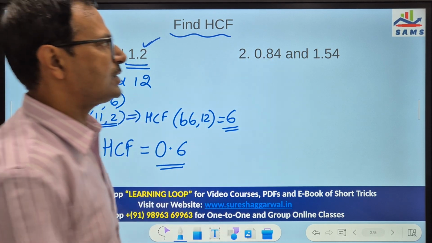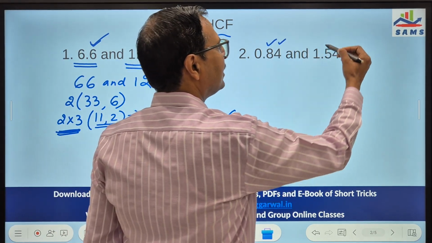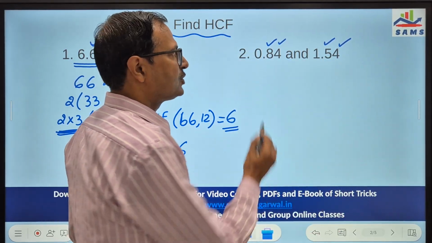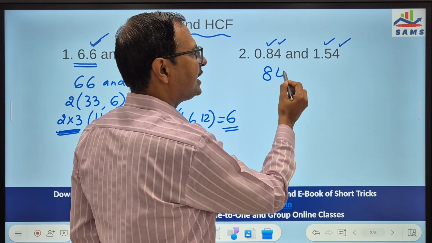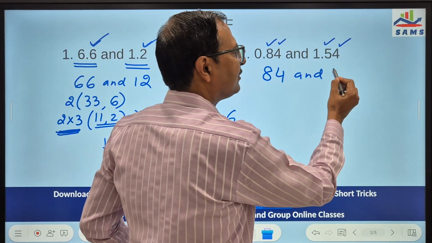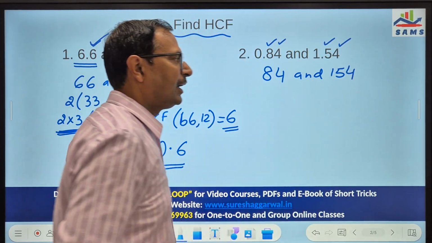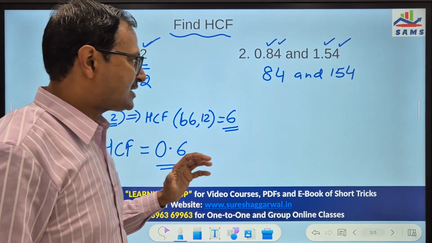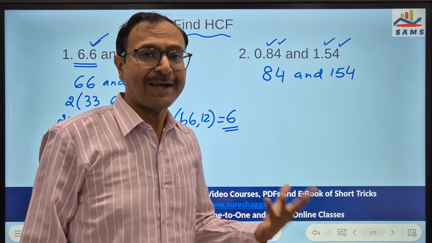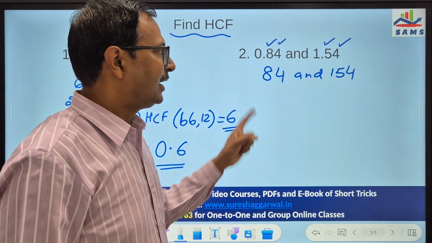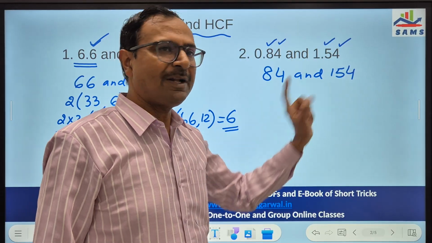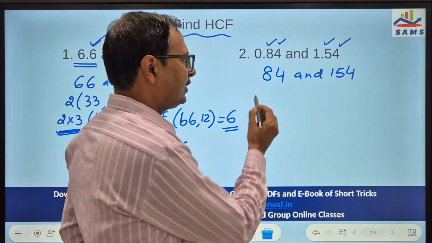Likewise, if you see this question, we have two decimal places here, two decimal places here. So forget the decimal, this becomes 84 and this becomes 154. Now you have to be smart. You should know the highest common factor first. Now if I see both are even numbers, they are divisible by 2.